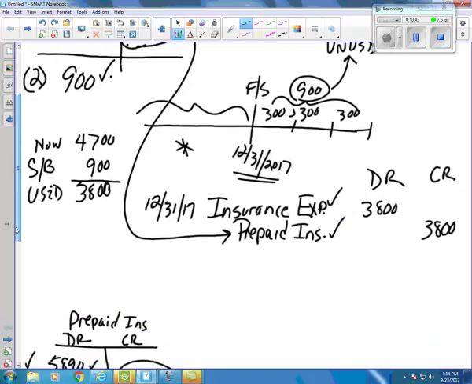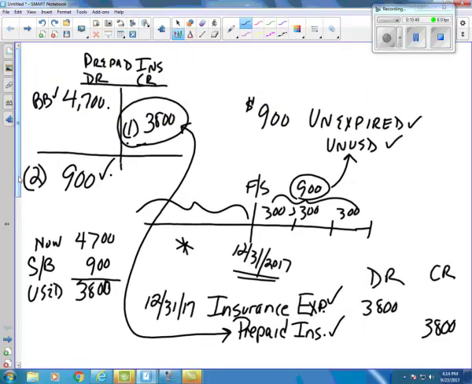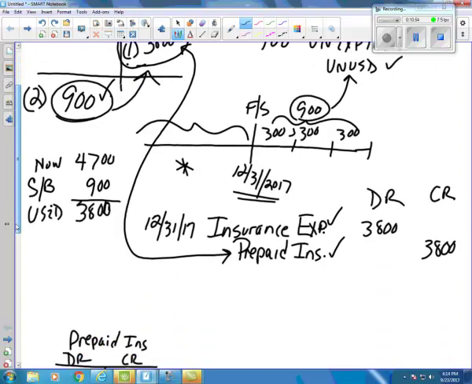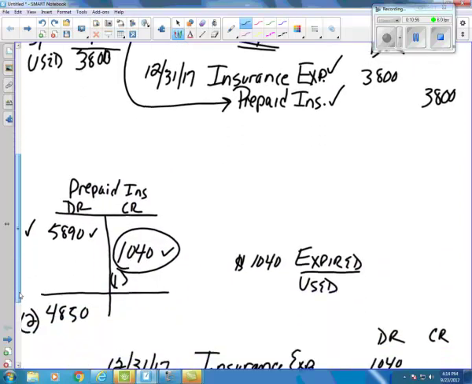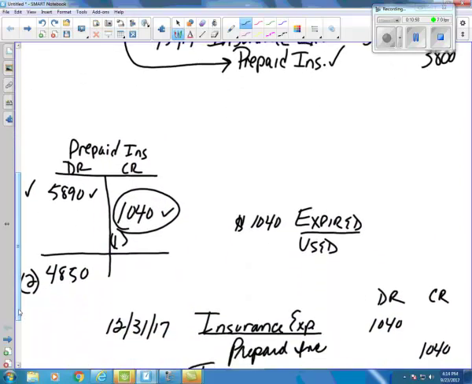The difference is, up here, we were told this number, and we had to find out what that number was by doing some math. Down here, we were told this number, and so we were able to just go ahead and use it. We didn't have to do any additional math to determine how much we should record in insurance expense. So hopefully that is helpful to you.